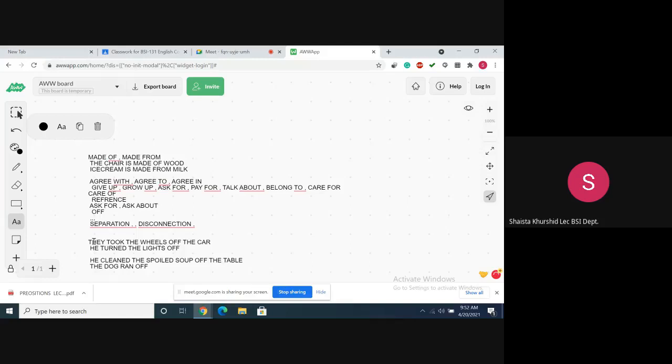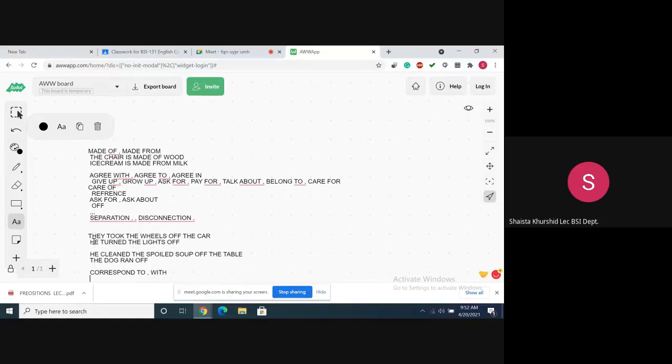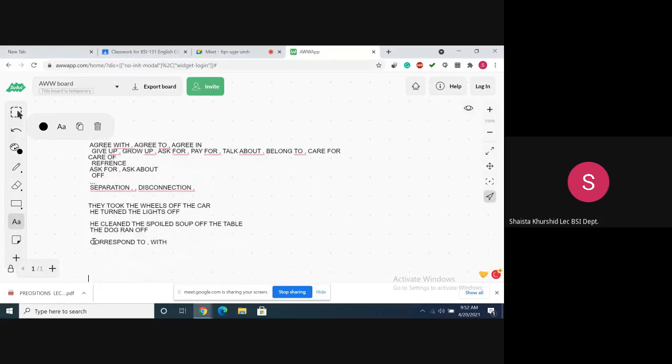अच्छा. अब ये correspond to and correspond with. इसका क्या मतलब है आप लोगों ने मुझे बताना है. Compare to and compare with.